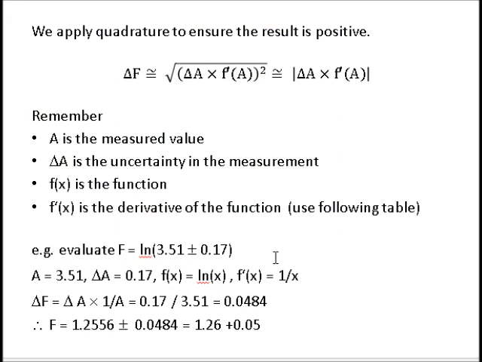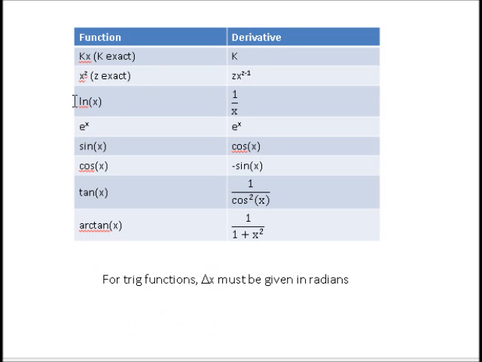Here's an example down here. Suppose f is equal to the natural log of 3.51 plus or minus 0.17. Well, the measurement value is A. The uncertainty is 0.17. The function is the natural log of x, and the derivative, some of you may know this, is 1 over x. We can check this out in the table. Here's the function, there's the derivative.